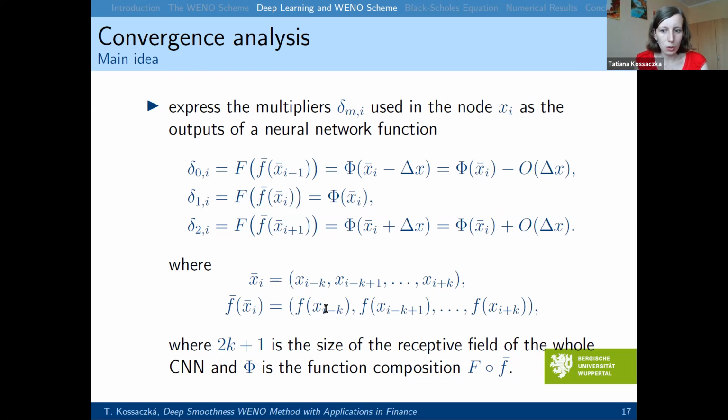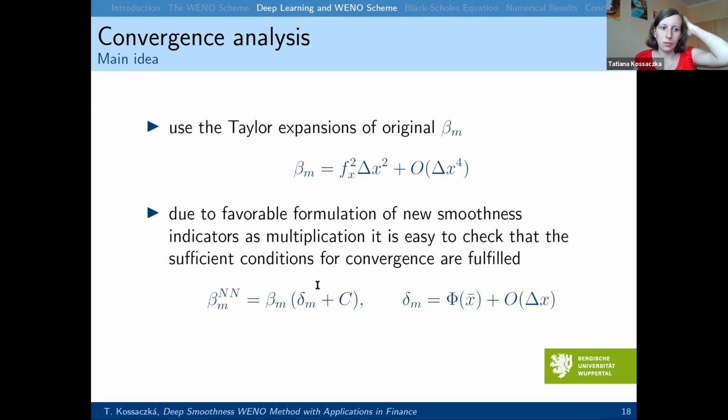This 2k plus 1 is the size of the receptive field of the whole convolutional neural network, and these are the inputs. As I said, these beta_m have an explicit form and can be computed explicitly.